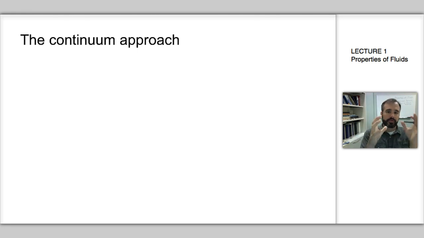When we have a volume of air here that we want to describe, in the volume of air are billions and billions and billions of individual molecules. And so one approach we could take is to define the properties of every individual molecule.